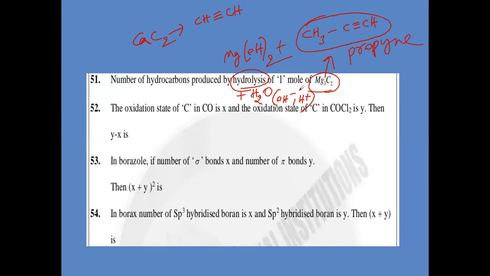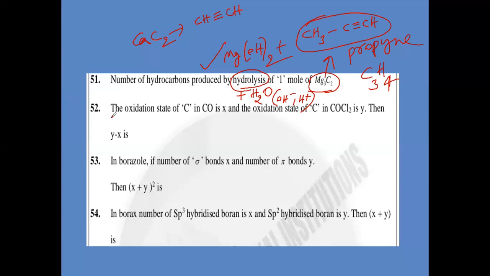Mg plus 2 and OH minus combine to form magnesium hydroxide, and C minus 4 combines with H plus ions to form propyne. Prop means three carbons, C3, with charge 3 times 2 is 6, 6 minus 2 is 4. So C3H4 is propyne. Propyne is the one hydrocarbon produced here.